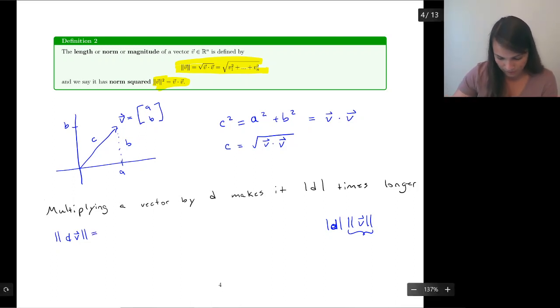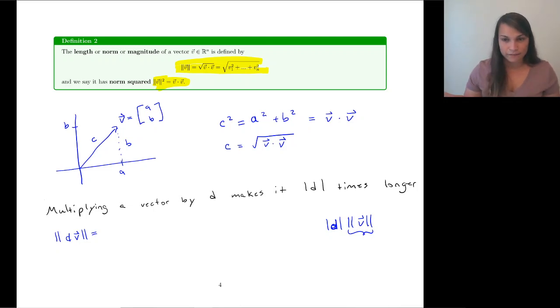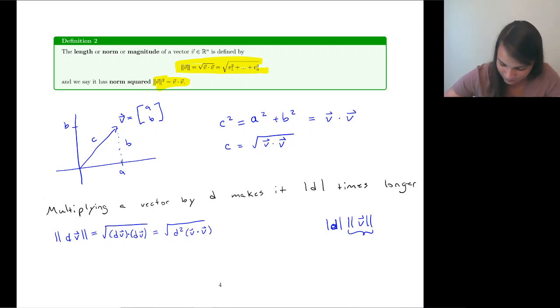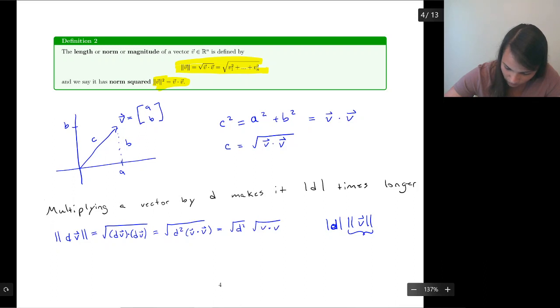So let's see if we can string these together. So definition of the inner product. Thankfully, it's still sitting on this page, so I can just write square root dv dot dv. There we go. And then I can feel free to move those d's out to the front by inner product properties. And then we can just square root each of these individually. Not a problem.